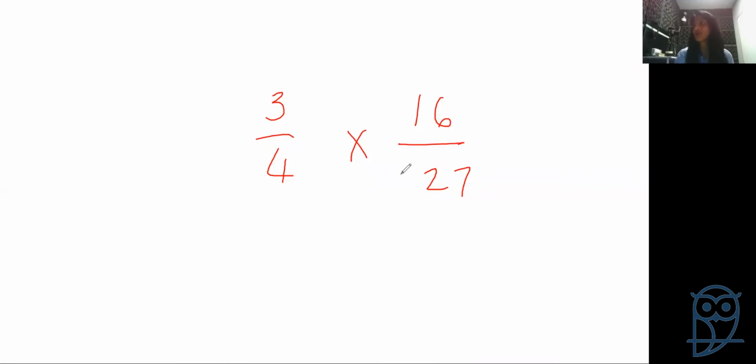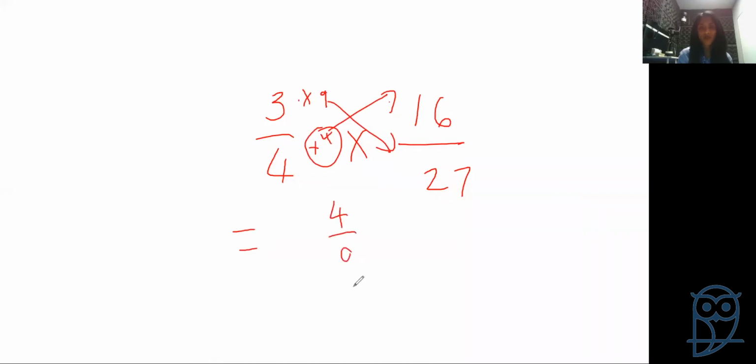So what must we do then? We say 4 times 4 is going to give me 16, yeah? And 3 times what's going to give me 27? 3 times 9 is going to give me 27. Therefore, to work this out, my answer will be 4 over 9. That's all you have to do.